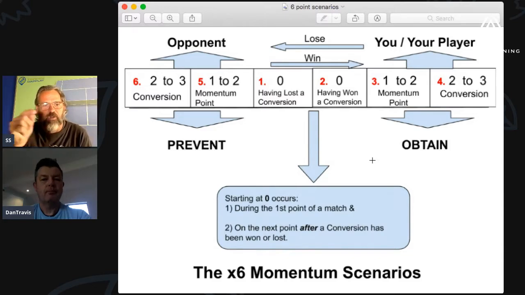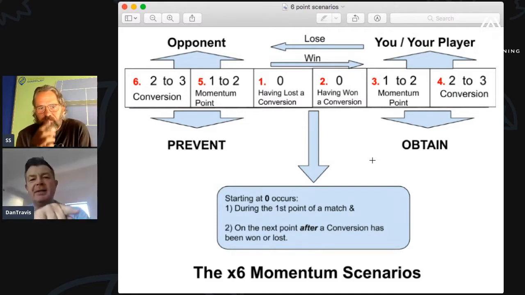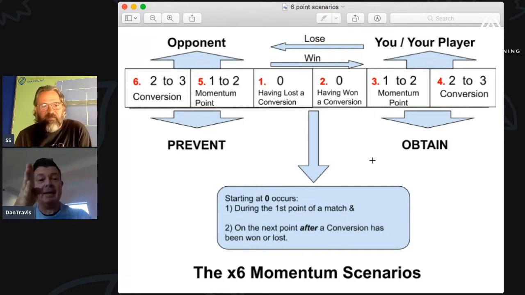The game ends, but not the momentum score. You may go up 40 love, or you actually may win the game because you traded the first couple points and then you win 3 in a row to win the game. Or you can carry that momentum conversion point into the next game. So any one of these scenarios can occur at any point in the game.